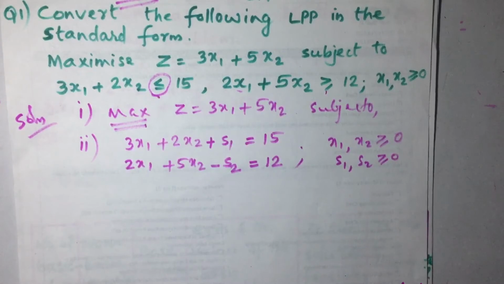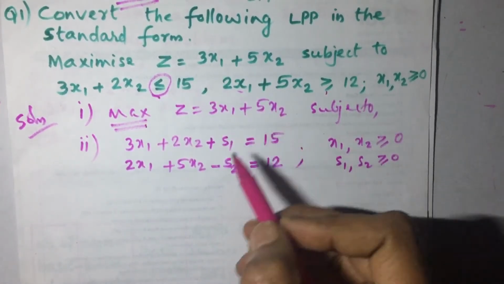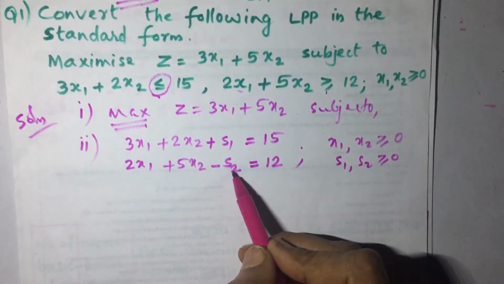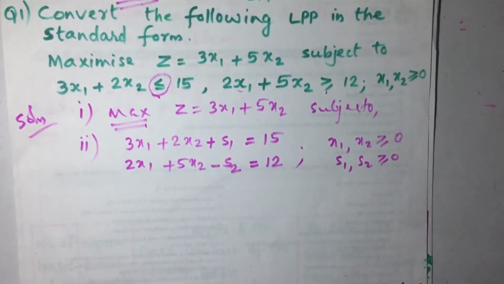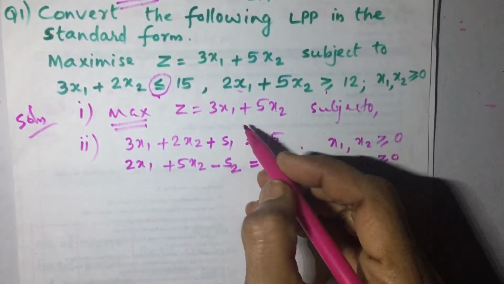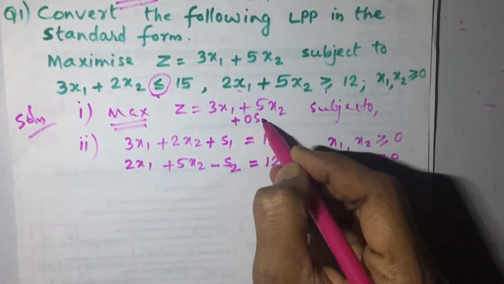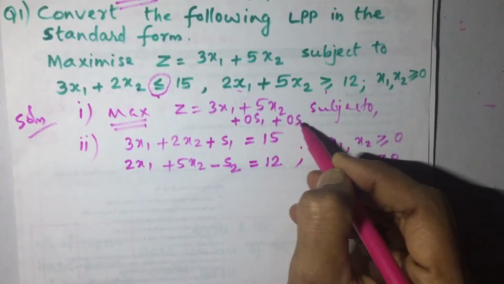Now to make it clearer, you have added s1 and subtracted s2. In the objective function also you have to write plus 0 s1 plus 0 s2.